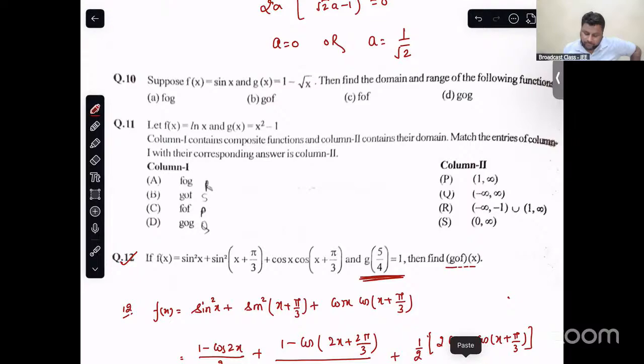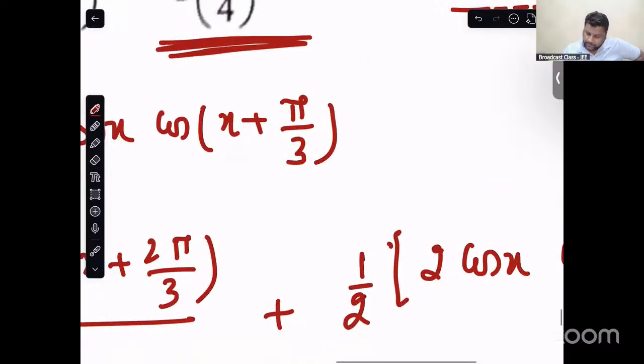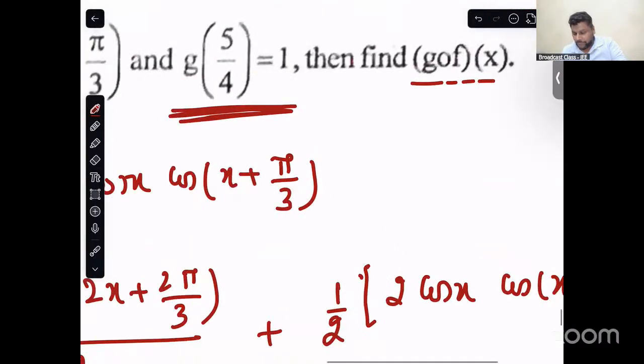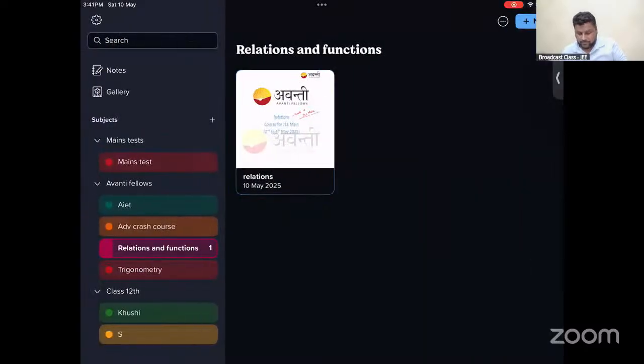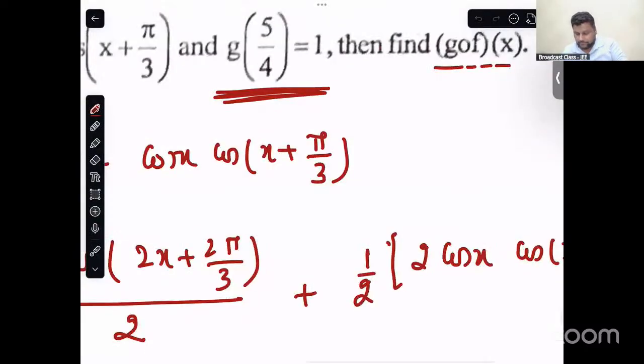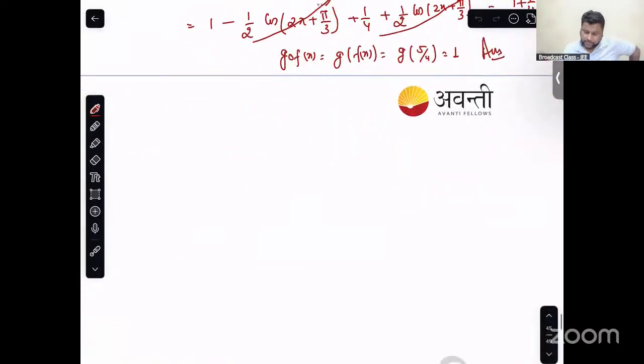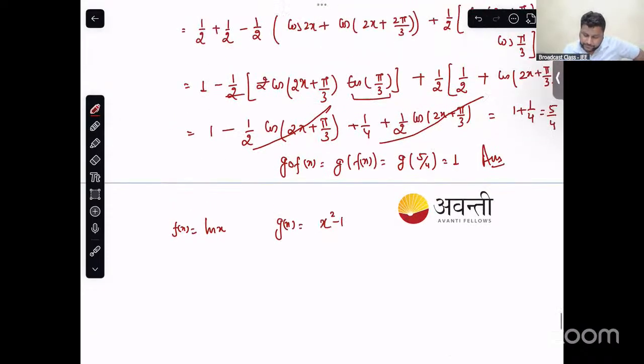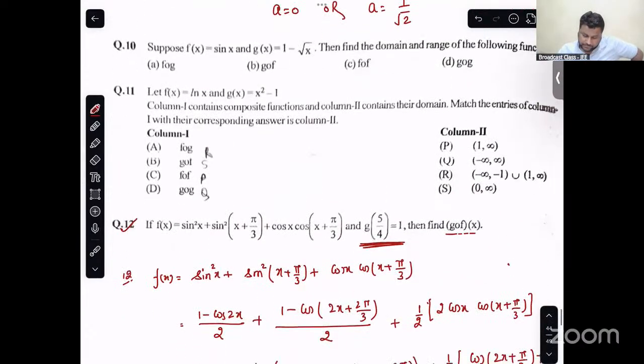Now see. f of f of x. f of x is ln x. f of x is ln x. g of x is x square minus 1.